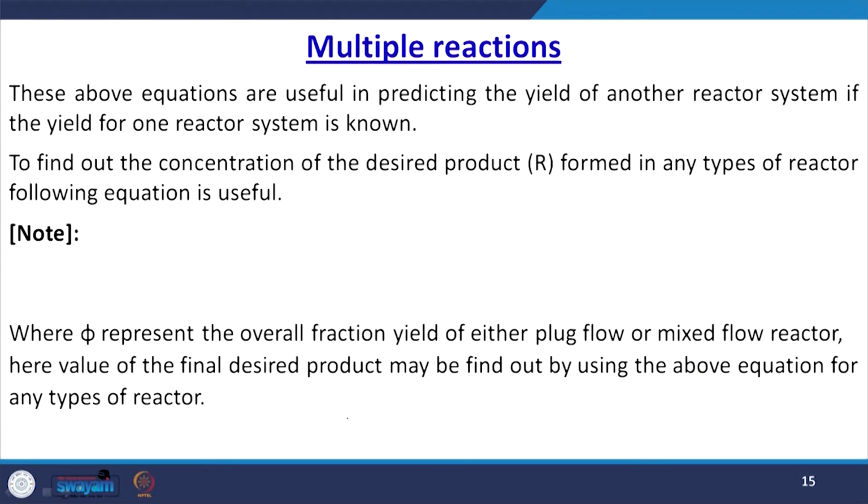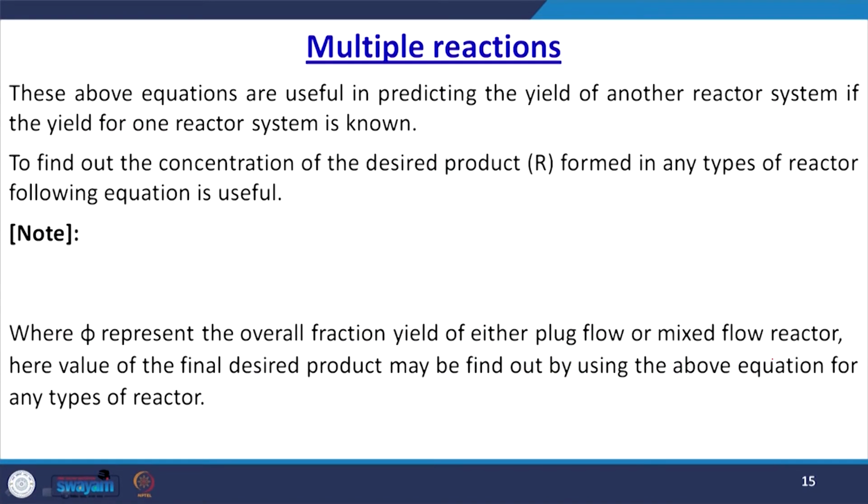Now, this equation is again useful in predicting the yield of another reactor system. If the yield for one reactor system is known to you, then you can predict the other reactor system. That is why these equations are quite useful. Now sometimes you may be interested to find out the concentration of the desired product R formed in any type of reactor.